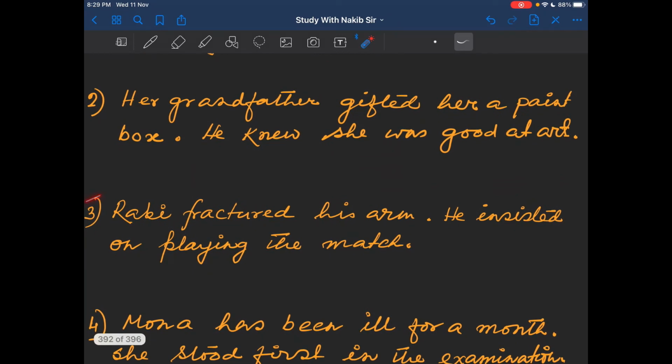And question number 3. Robbie fractured his arm. He insisted on playing the match.